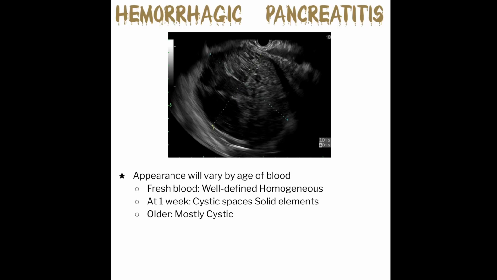New blood is going to be well-defined, homogeneous, typically kind of anechoic. A little bit older blood is going to have some more solid components in it. And then super old blood is going to actually turn back to mostly cystic. So new collections are going to be mostly anechoic, older collections are going to be mixed, and then super old collections are going to again be anechoic.